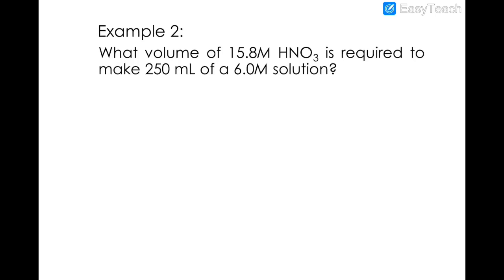So the one yang final should be less concentrated lah. So kita punya initial molarity adalah 15.8 molar. Final molarity adalah 6 molar. So kita punya final volume 250 ml. So we are looking for the initial volume. So mesti tak XML lagi.